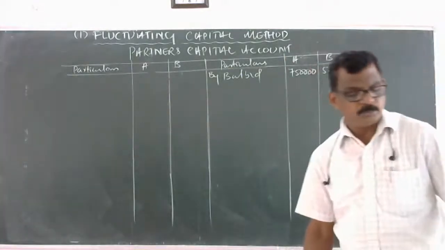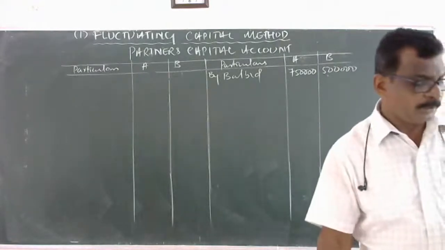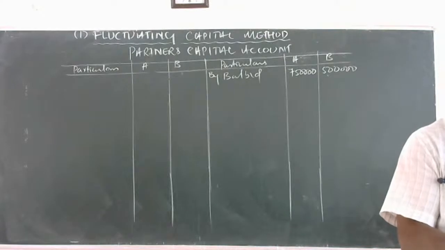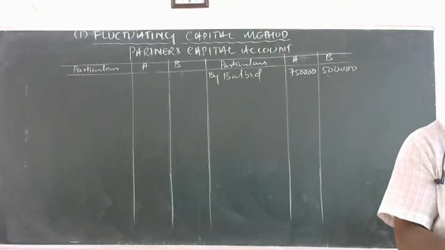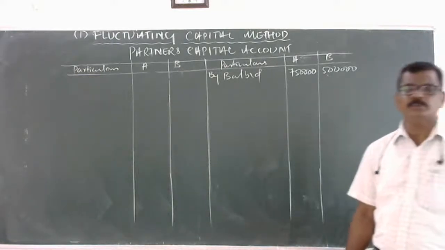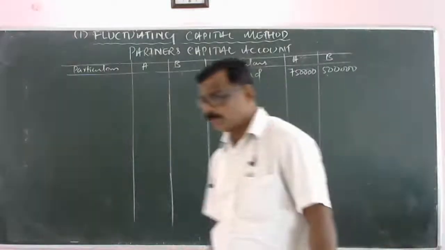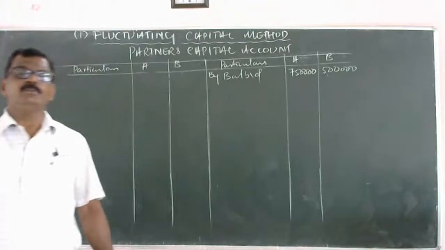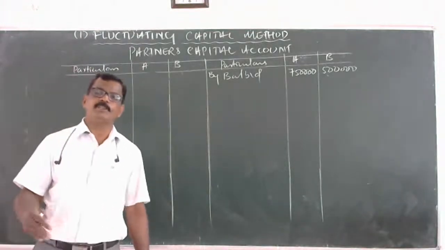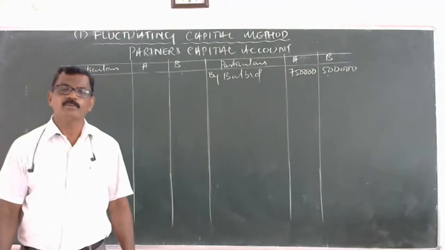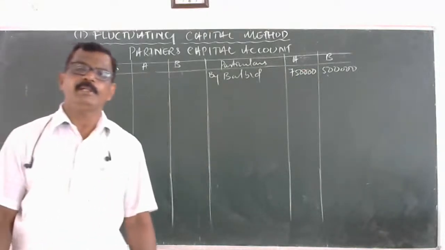So, if you observe the example here, the partners introduced an additional capital of rupees 1,50,000 and 1 lakh on 1st July 2018. They introduced extra capital, fresh capital, additional capital in the year on 1st July 2018.